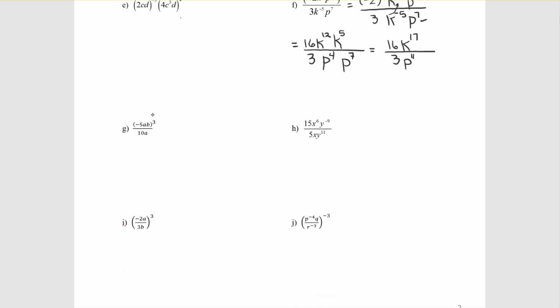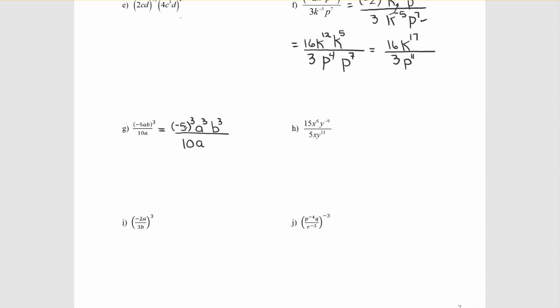Taking a look at the next one here, again, the power 3 is only responsible for the numbers and variables up in the numerator. So again, the -5 in parentheses being raised to the 3rd power, a to the 3rd, b to the 3rd, and down below 10 and a.